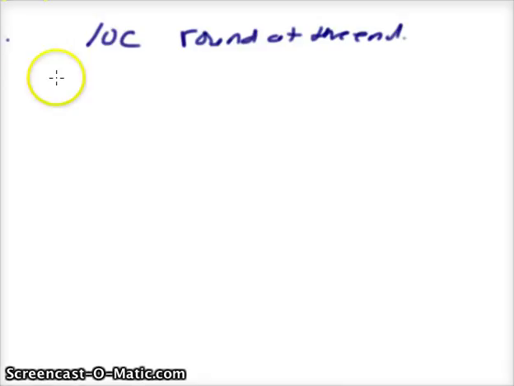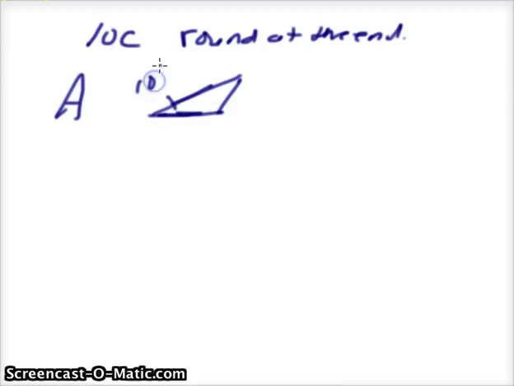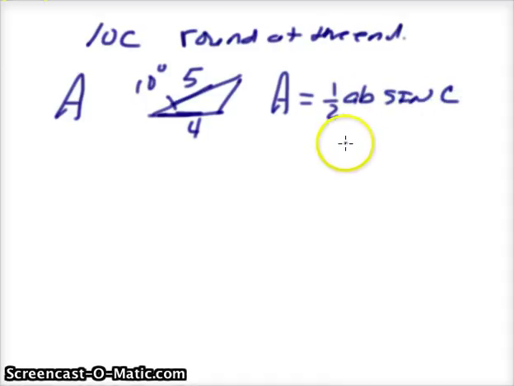Now, here's a question that's going to come up. It's about area. So there's 2 formulas for area of a triangle, okay? So I'm just going to sit here, and let's just say this is 10 degrees, this is 5, and this is 4, okay? So one formula is area equals 1/2 AB sine of C. All that's saying is you've got two sides.